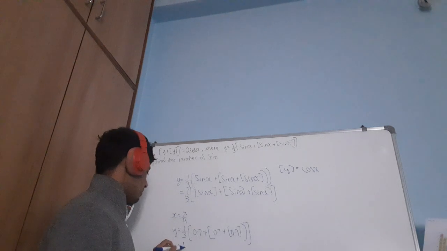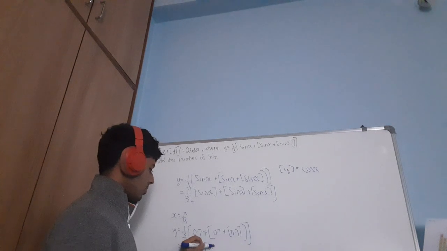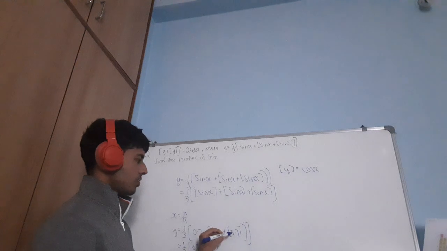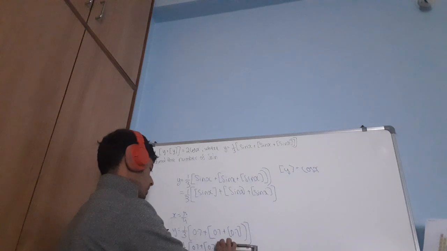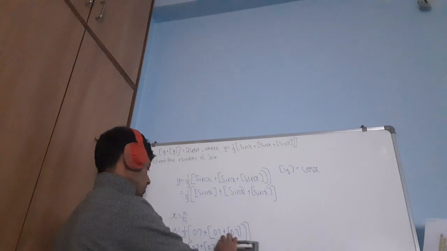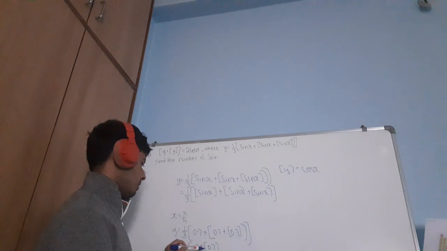So how would you simplify this? I can write this as 0.7 plus box 0.7 plus box 0.7. What is box 0.7? This is just 0. And if it's 0, I don't have to write this plus 0.